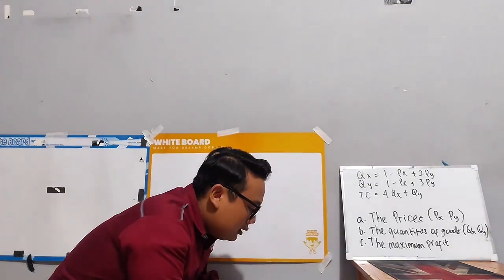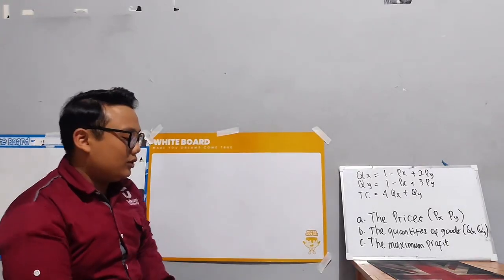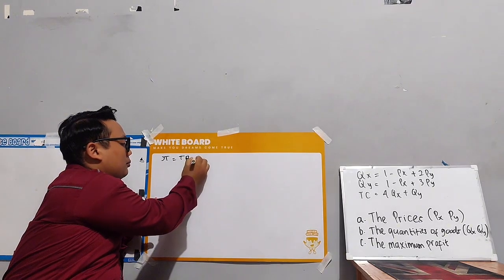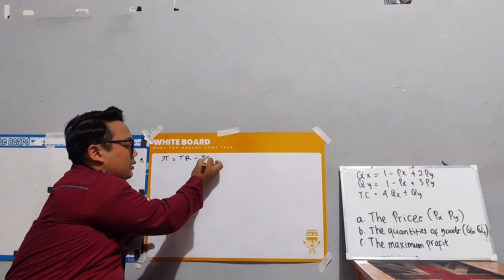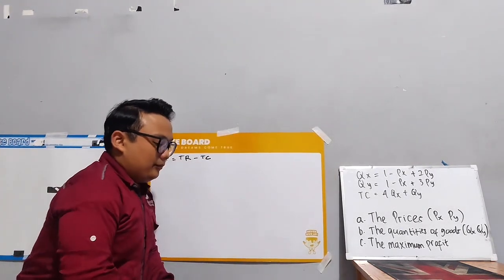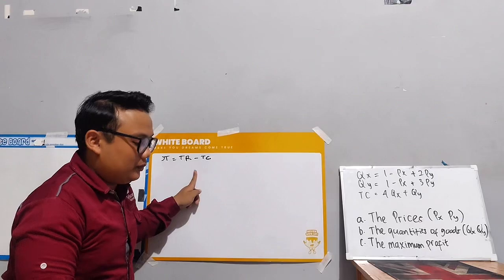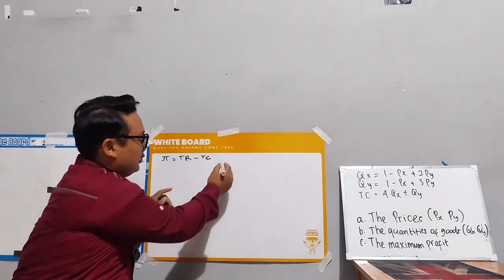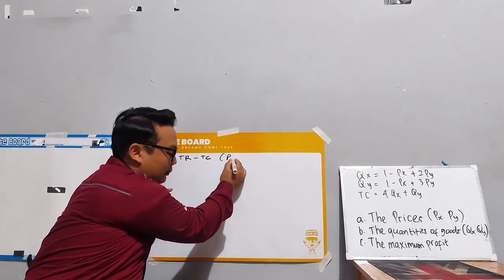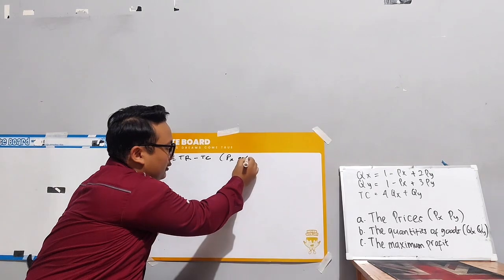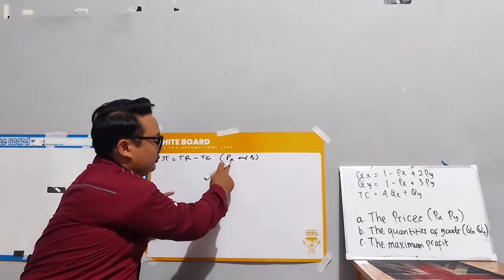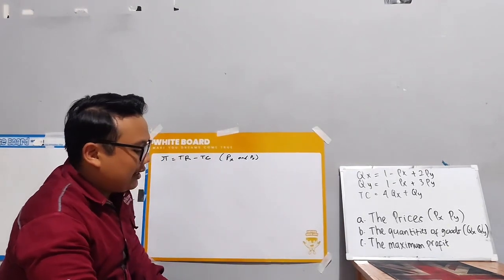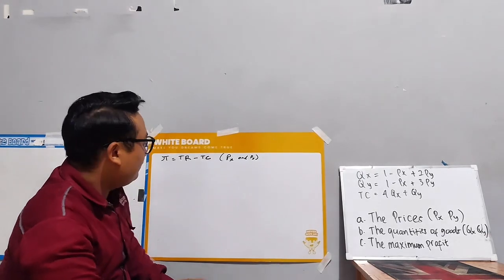To find the maximum profit, we'll use the formula profit equals TR minus TC. The initial step is to express all functions in terms of price, Px and Py, to determine the prices that maximize profit.